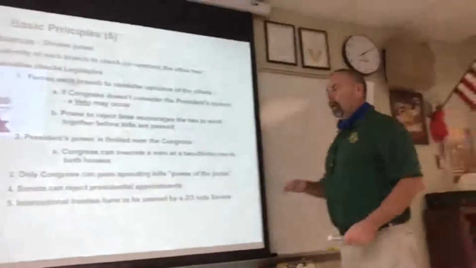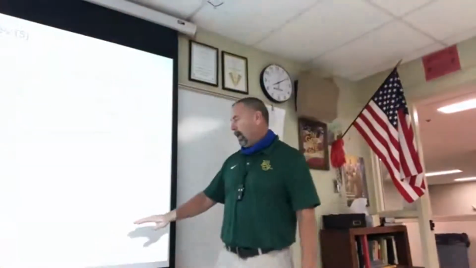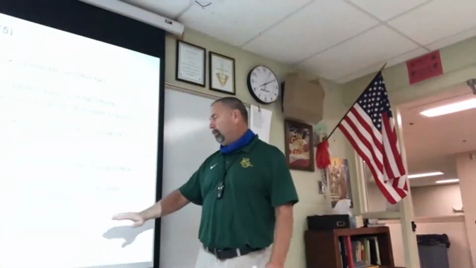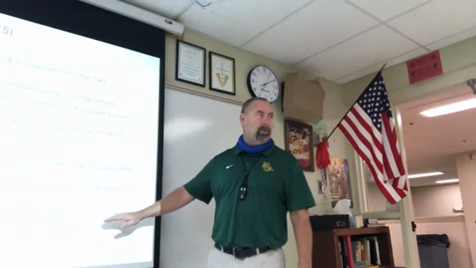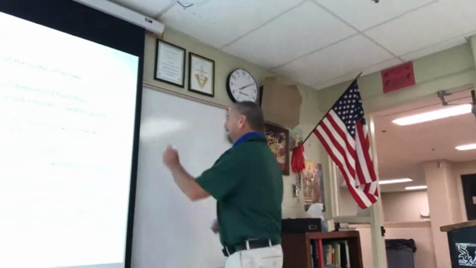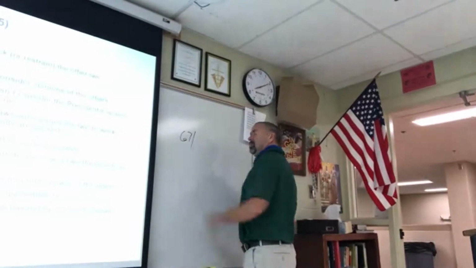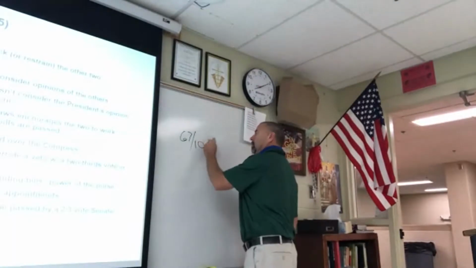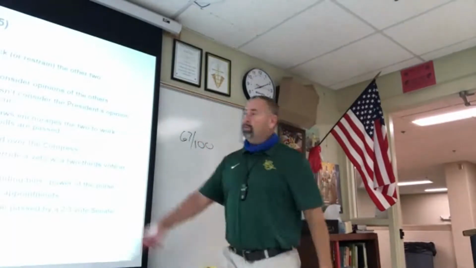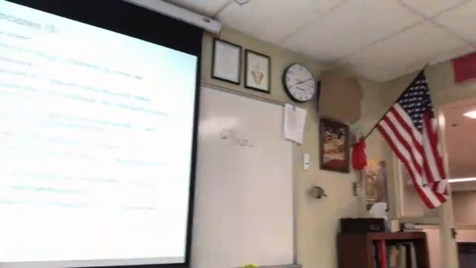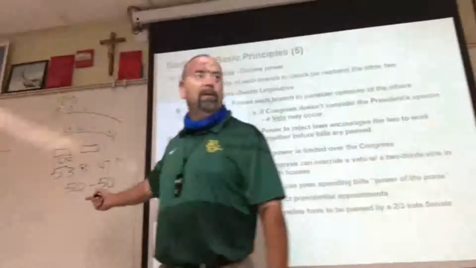So, international treaties, this is important too. This is the role of the Senate. 2/3 of the Senate have to approve treaties. Now, guys, like I said, you've got to get 67 votes out of 100. Which is really difficult to do, especially when you've got a situation like this where the Senate is 53-47.